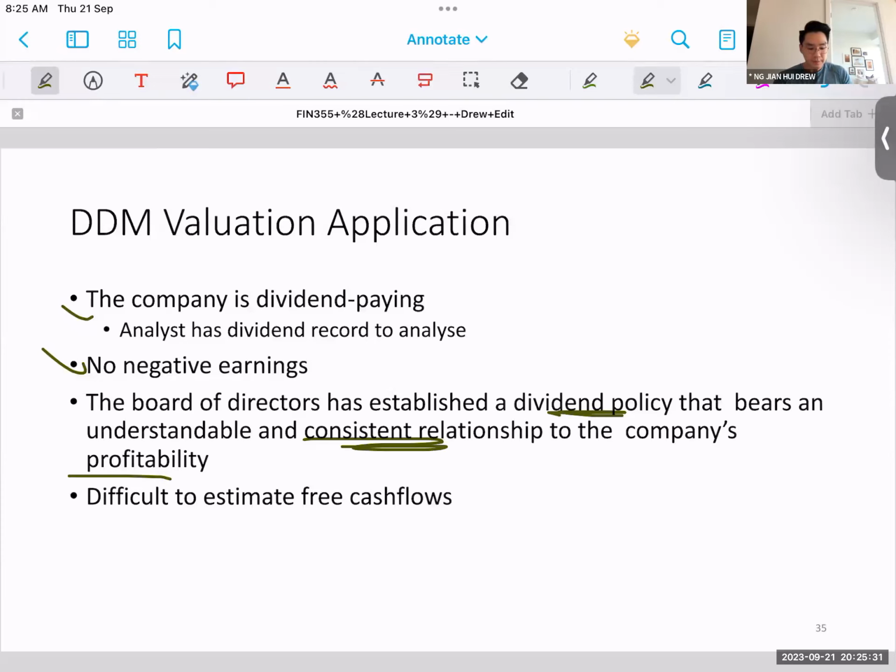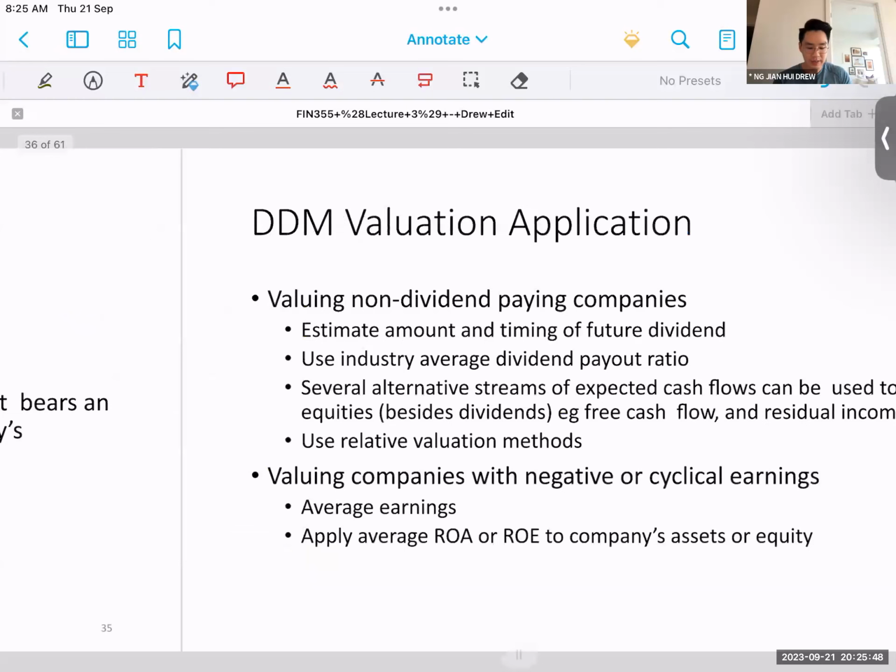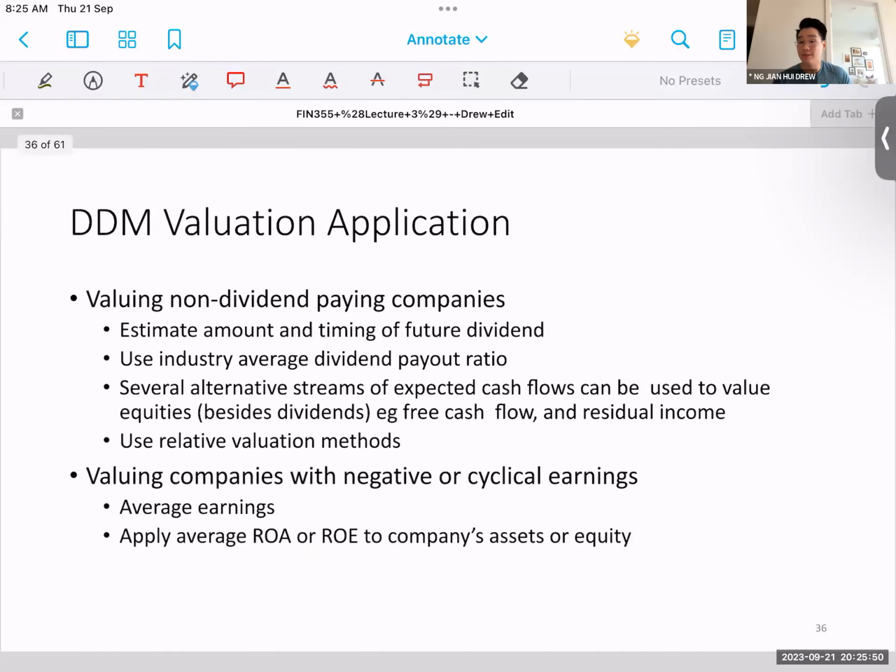And of course, we use the dividend discount model if it's hard to estimate cash flow. We'll see why it's so difficult to estimate cash flow in the next lecture, because there are many components to estimating cash flow, and that's the focus of the next lecture. And dividends are very obvious, right? We just go to an annual report, see the dividends, and we can estimate.